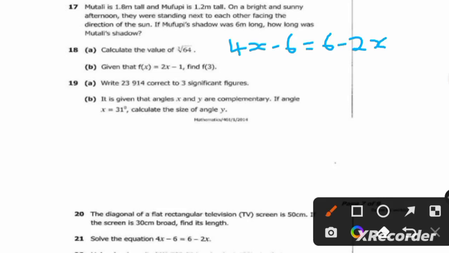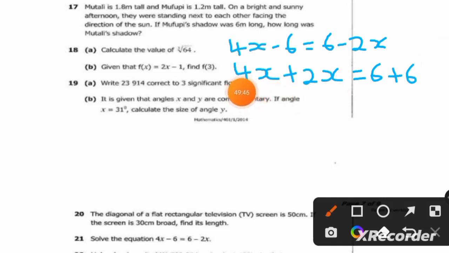So let us collect the like terms. So 4x plus the 2x is equal to 6. So here we have a negative 6. After crossing the equal sign, we are going to have plus 6.